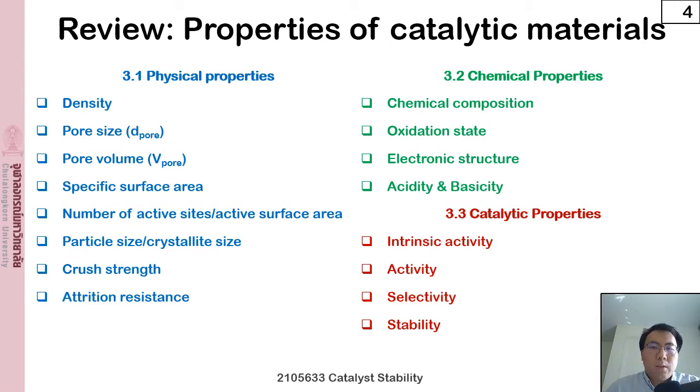I would like to remind you again that every time we talk about chemical properties or about chemistry, it all involves electrons. So for these four properties, if the catalyst has different chemical properties, it means that the behavior of the electrons is different.